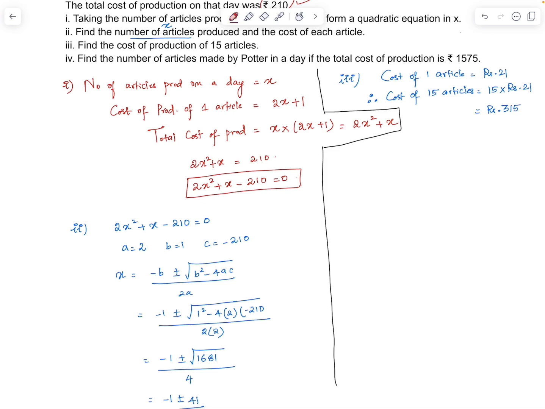Question 4. Find the number of articles made by potter in a day if the total cost of production is 1575. So here the total cost of production is given, which is rupees 1575. When we multiply the number of articles produced by the cost of production of one article, we get the total cost.